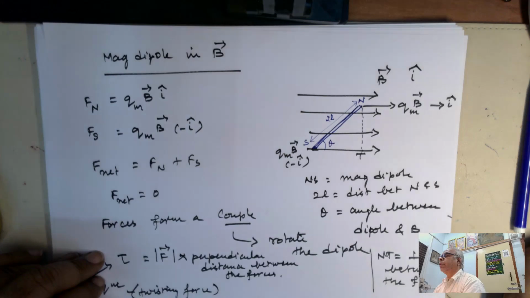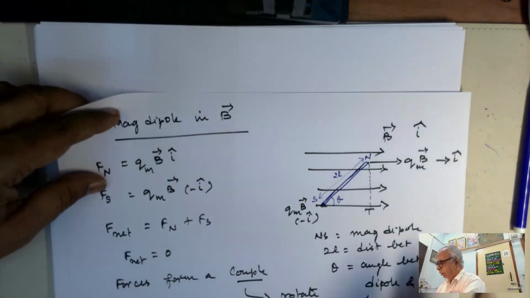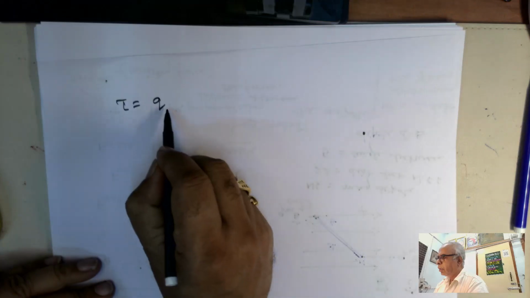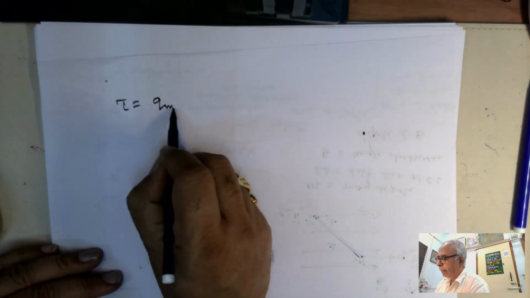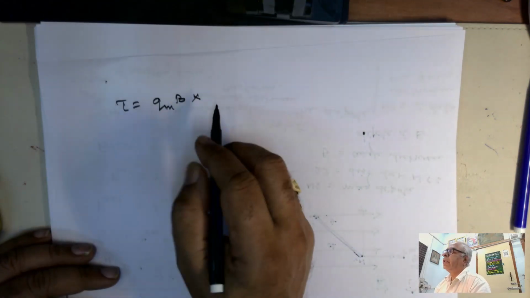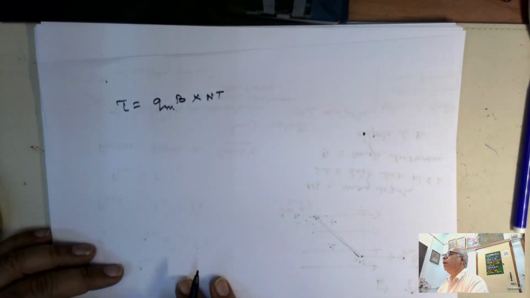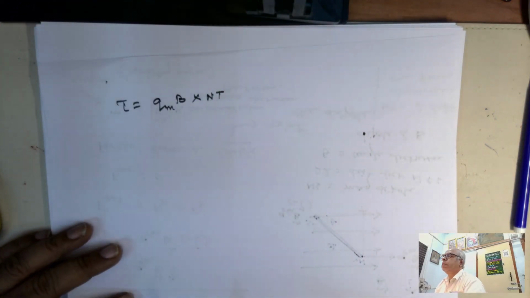Therefore, tau is equal to, what is the force? QM into B. QM is pole strength, B is the magnetic field, cross, and then NT. NT is the perpendicular distance.